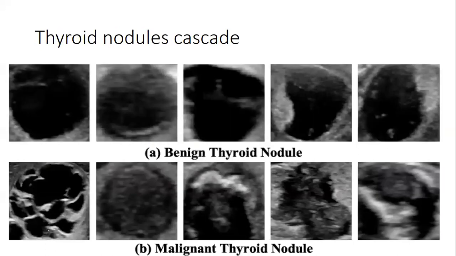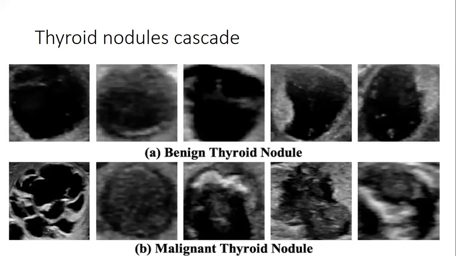Now, the thyroid nodules in this cascade, I'm trying to give a few hints on what you would expect in terms of benign nodules. So the first row there is trying to highlight that aspect in terms of appearance, sonographically.